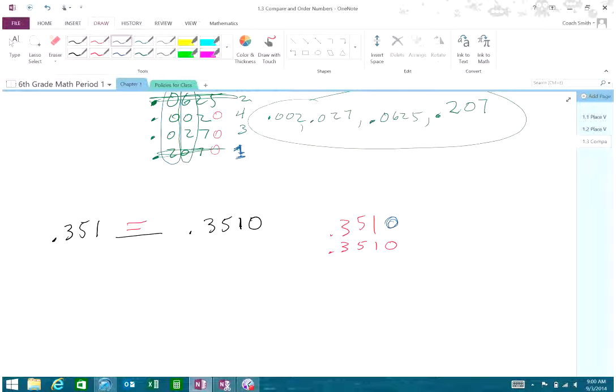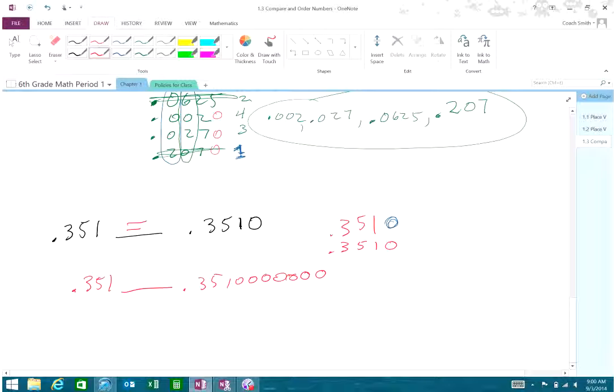Remember, putting a 0 at the end of a decimal number, the key there is a decimal number, or putting it in front of the decimal of a decimal number, has no effect on the number. I could compare 0.351 and 0.35100000000.